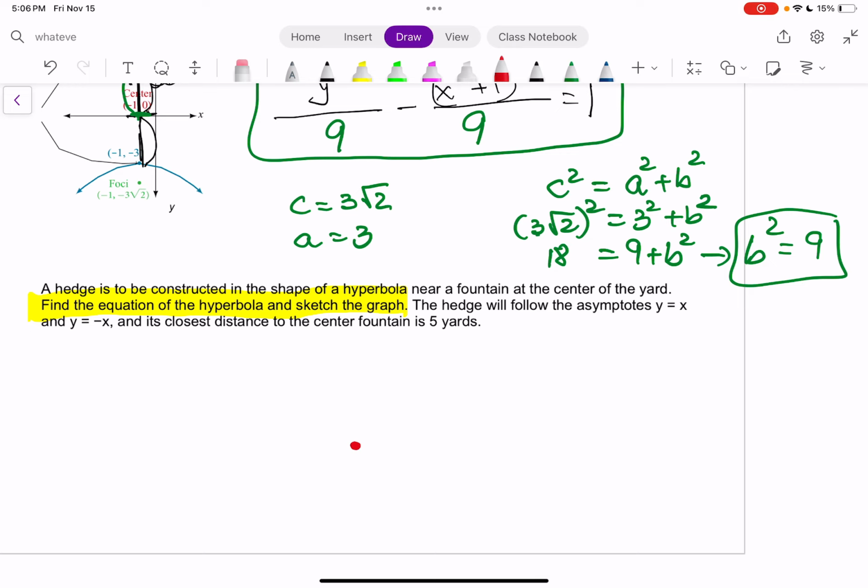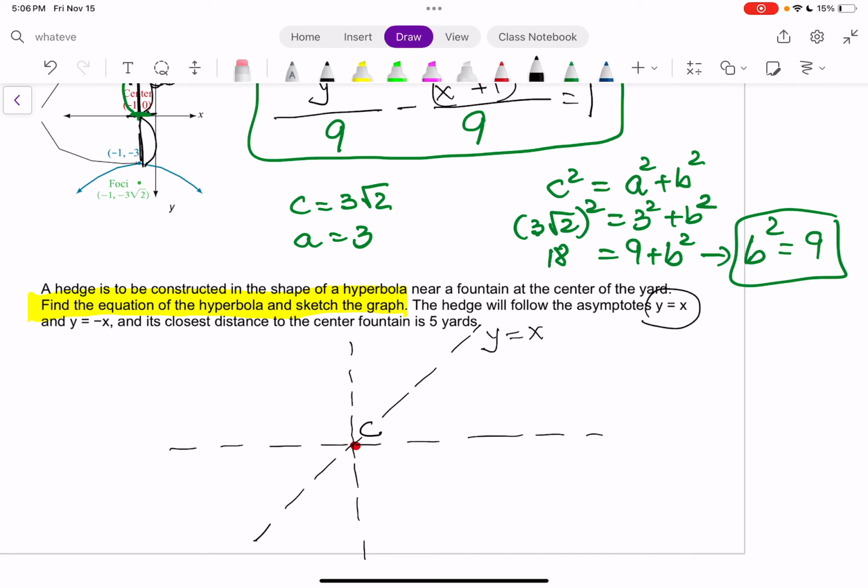We know that the hedge will follow these asymptotes. So we'll put the center in the center of the xy plane, the center of the yard. The asymptotes have equations y equals x.